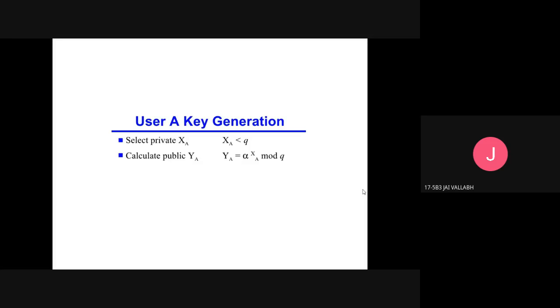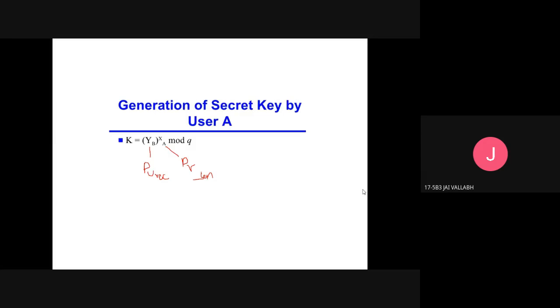So YA, which is the public key of the sender, is calculated as alpha power XA mod Q, where XA is the private key and Q is the prime number we selected in the beginning. Likewise, we'll also be calculating the public key of the receiver, YB, which is alpha power XB mod Q. After calculating, the public keys will be visible to the sender and receiver. It will be shared to both of them.